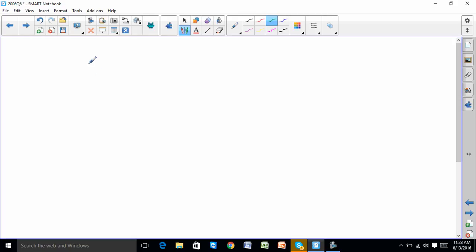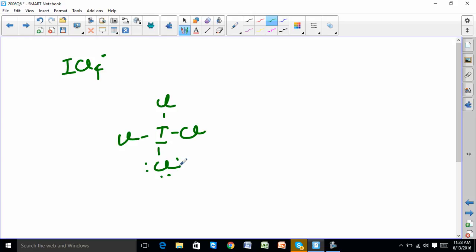Now we've got ICl4 minus. I put the Cls around, and they all need 6, none on the iodine because 2, 4, 6, 8. Again, ORP is 32. You're going to see that in all of these.